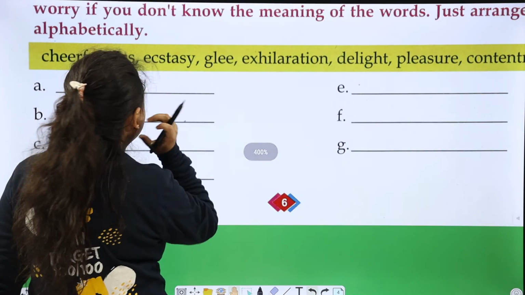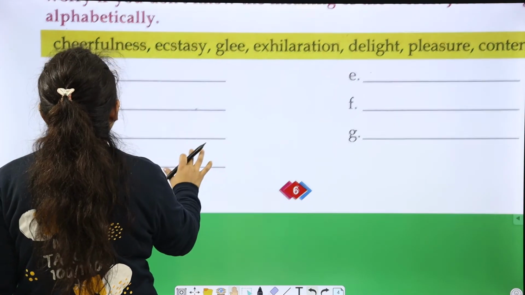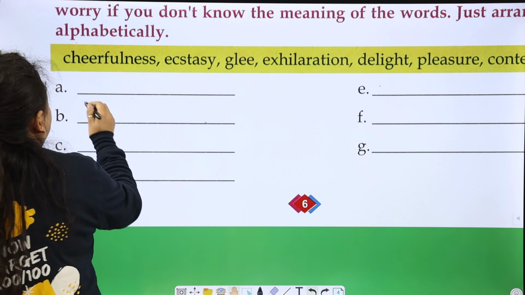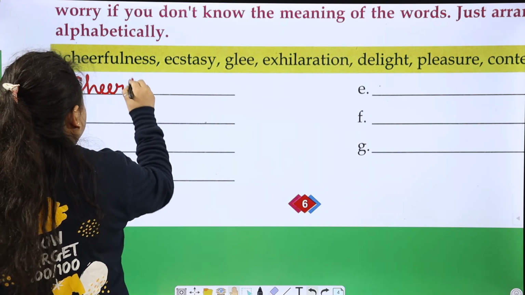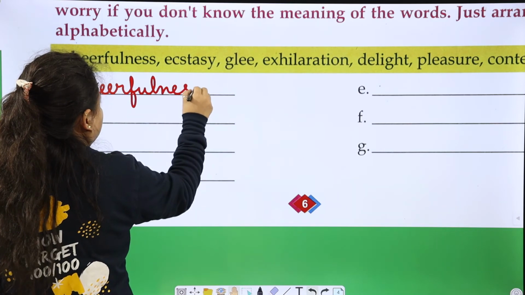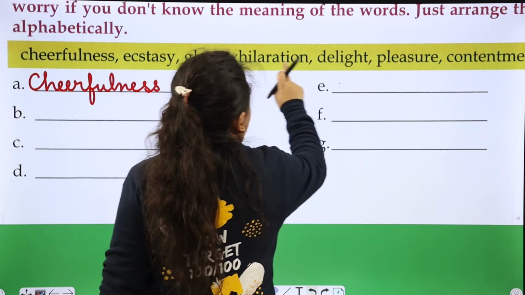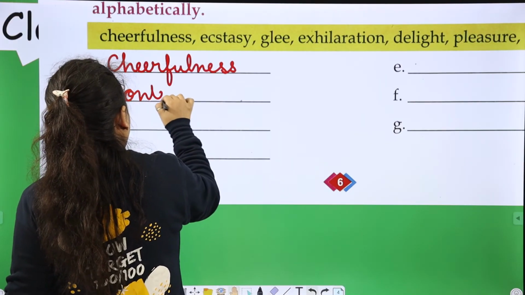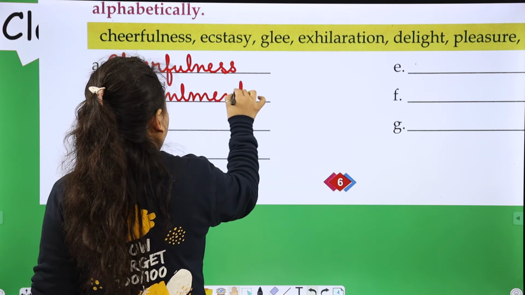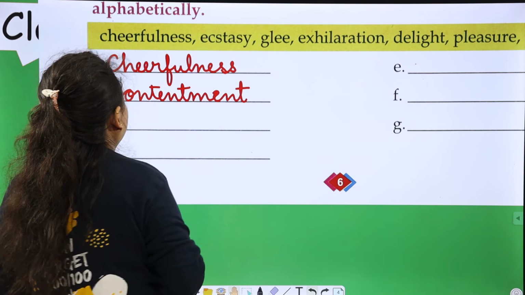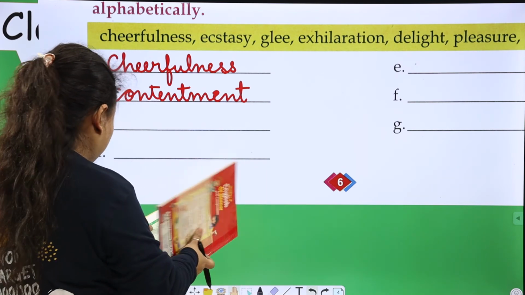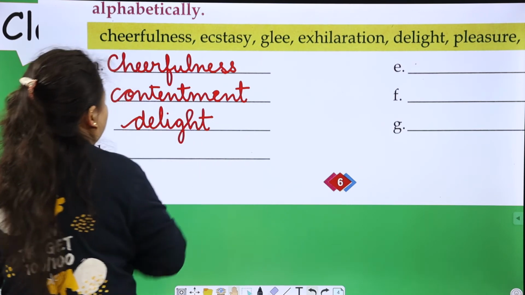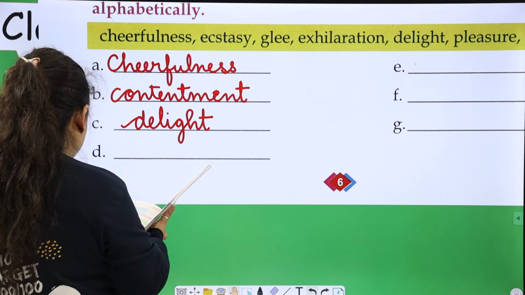So we have to arrange them in alphabetical order. First I am going to start with letter C. So cheerfulness. Now again C. So contentment. Next C is delight. After C, D is ecstasy.